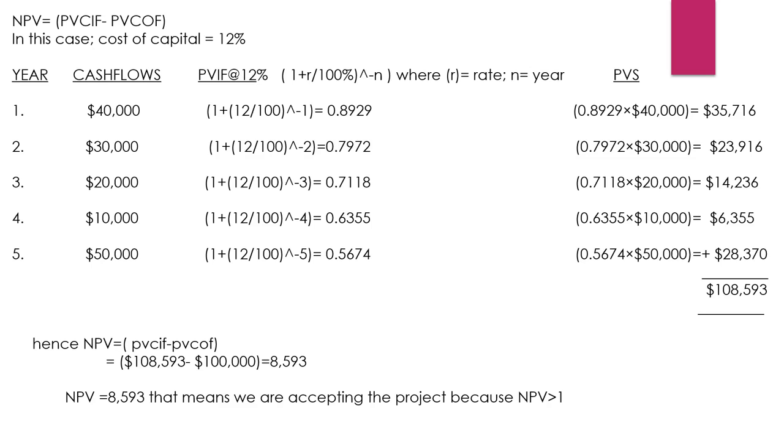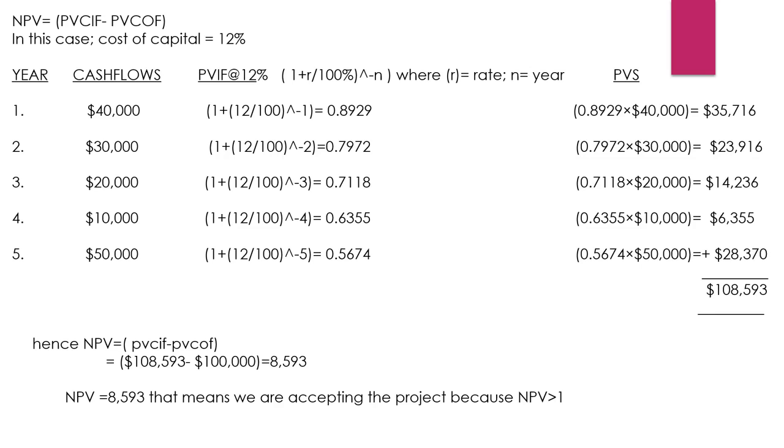The answer you get is 0.7972. So to get the present value, it will be 0.7972 multiplied by the cash flow, which is $30,000. So the present value of the cash flow is $23,916.